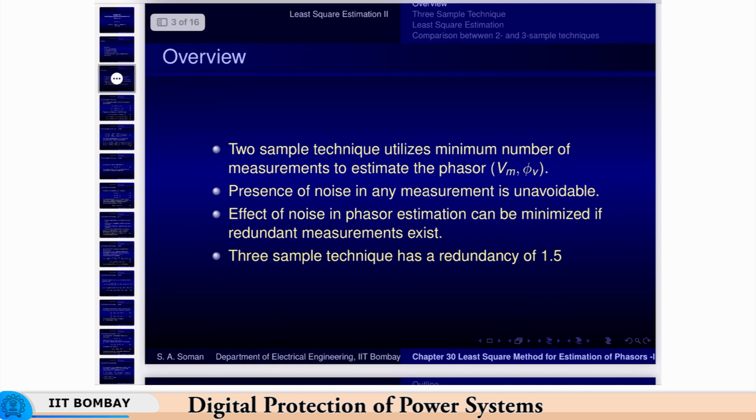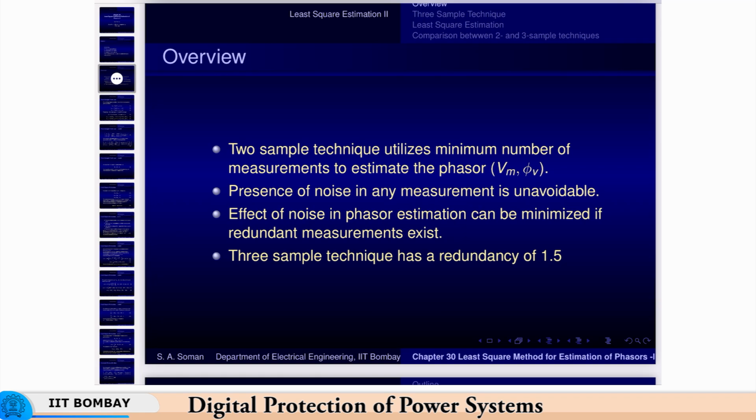Again, as we saw in the last class and briefly discussed just now, the 2 sample technique utilizes the minimum number of measurements to estimate the 2 unknowns, that is VM and phi v, because we are talking of voltage measurements in this case.